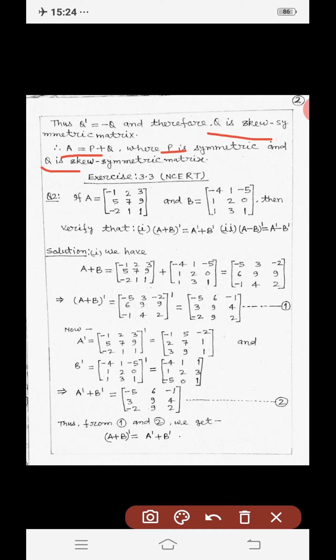Now we will discuss the solution of questions of exercise 3.3 from NCERT. Question number 2.